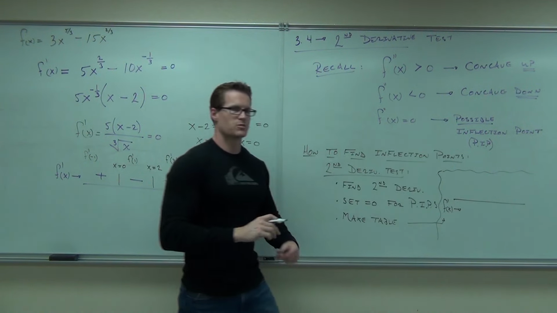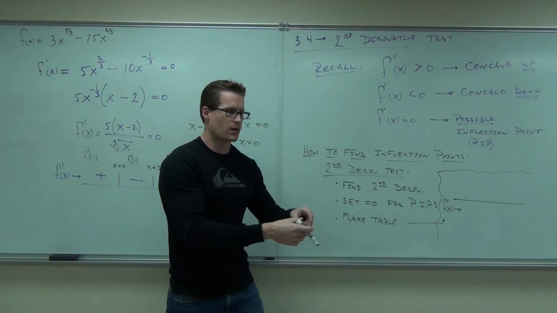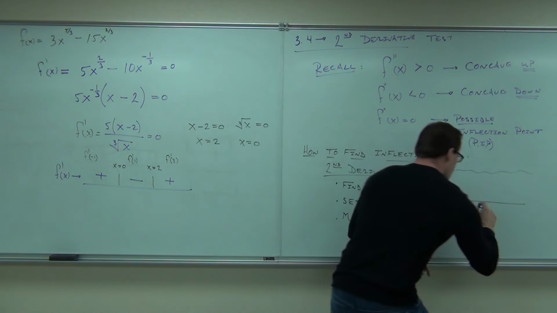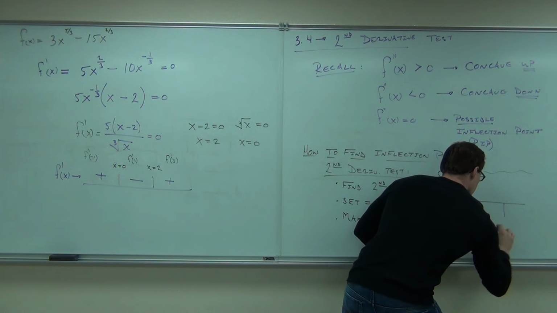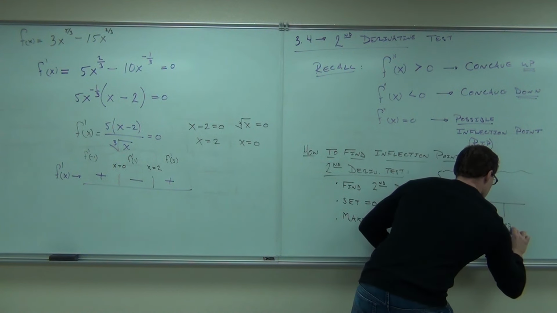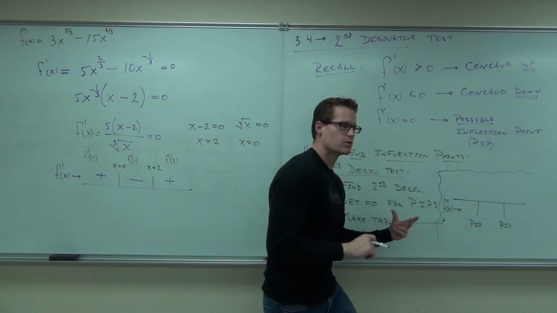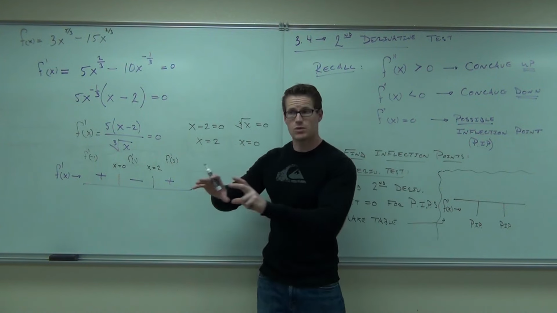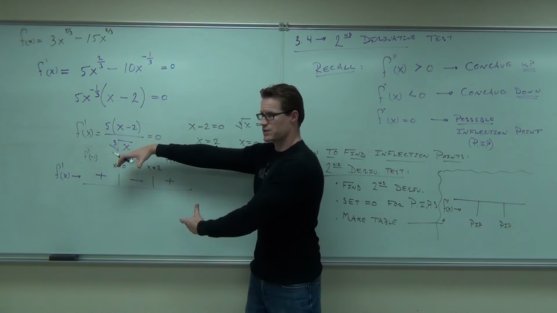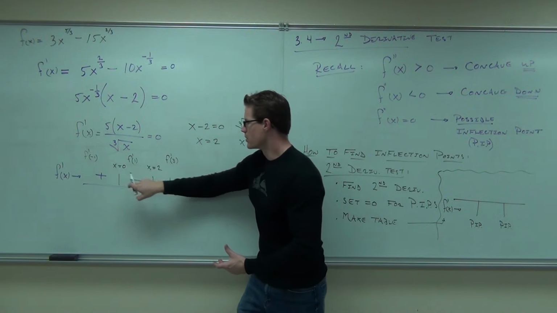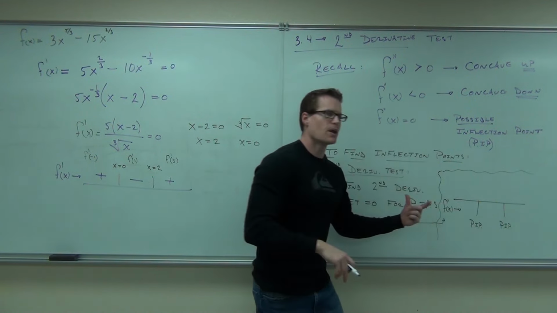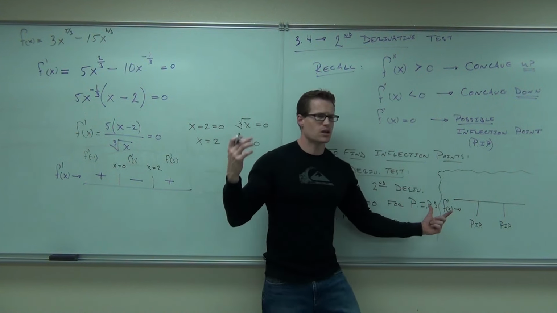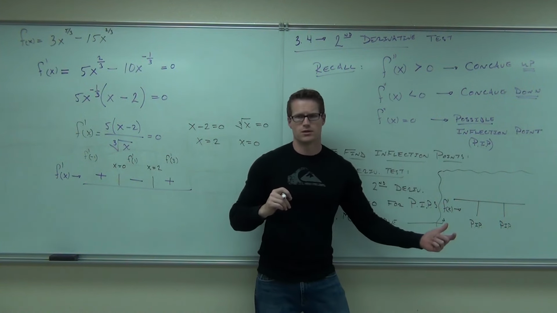So the second derivative test looks like this. The possible inflection points go on the bottom of your number line, on the bottom of your graph, basically. You put all of your possible inflection points, and then just like we did for our first derivative test, we're going to check a number in each interval, here and here and here. Where are we going to do that? In the original function, in the first derivative, or the second derivative?